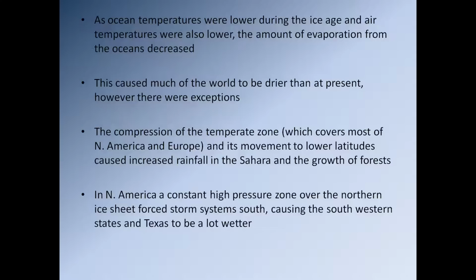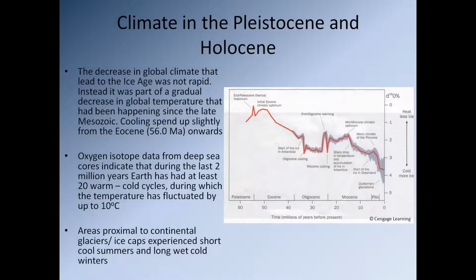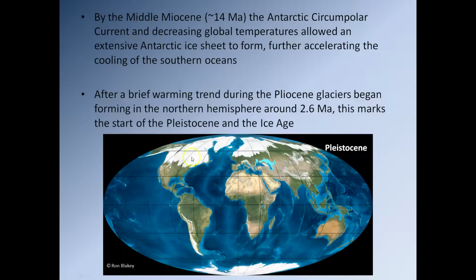In the case of North America, we have an interesting situation where we have a constant region of high pressure sitting over the ice sheet that's covering North America. If we go back to this diagram, this ice sheet has a huge area of high pressure sitting right there. Any humid air that's trying to come northwards hits this high pressure region and just bounces straight off.